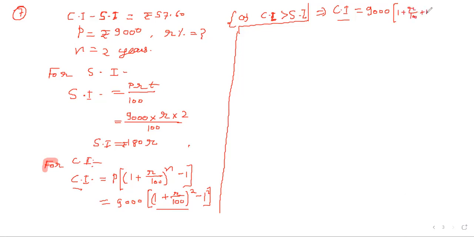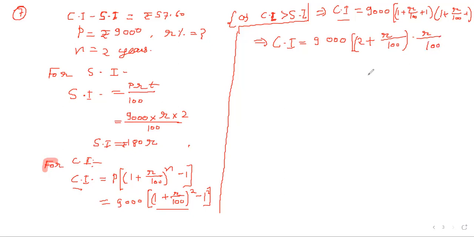A plus B into A minus B. It implies CI equals 9,000 into 1 plus 1, 2 plus R by 100, into 1 cancelled out, R by 100.